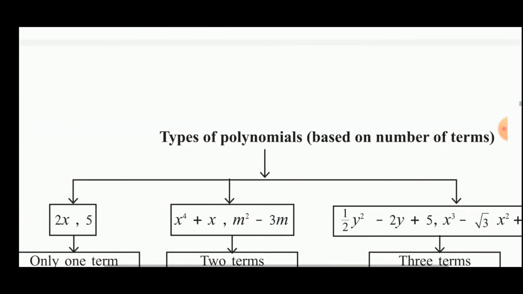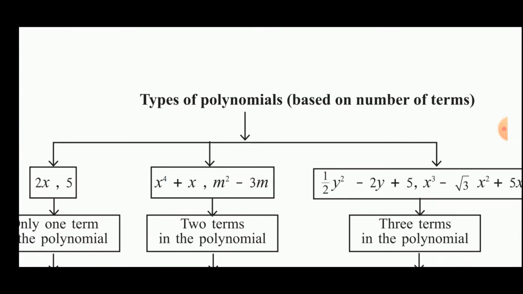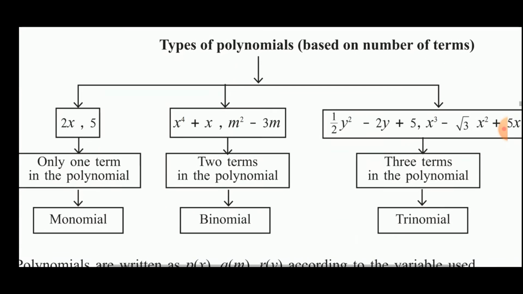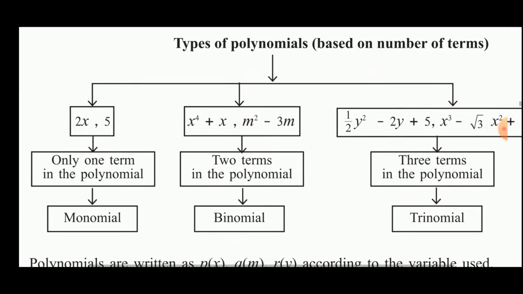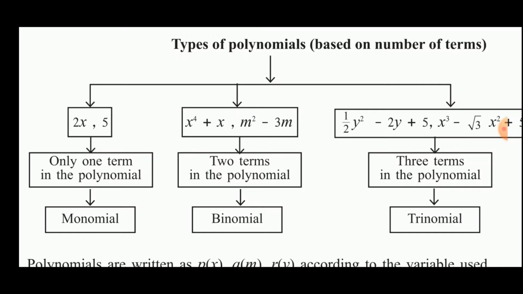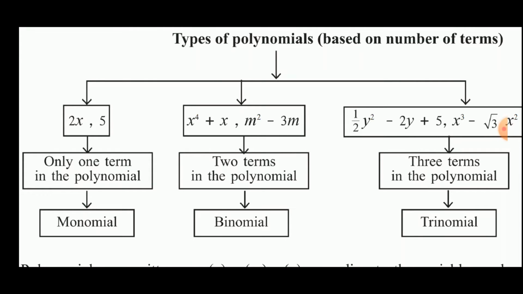Now let us see, based on the number of terms, there are three types of polynomials. Consider the first example, 2x raised to power 5. There is only one term in the polynomial, so such polynomials are called monomials. Then x raised to power 4 plus x, and m square minus 3m. There are two terms in the polynomial, so they are called binomials.